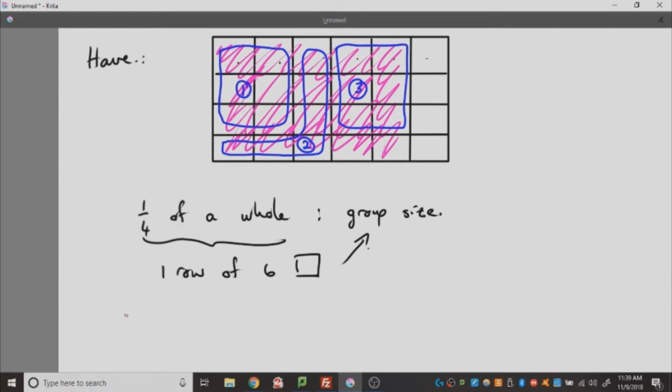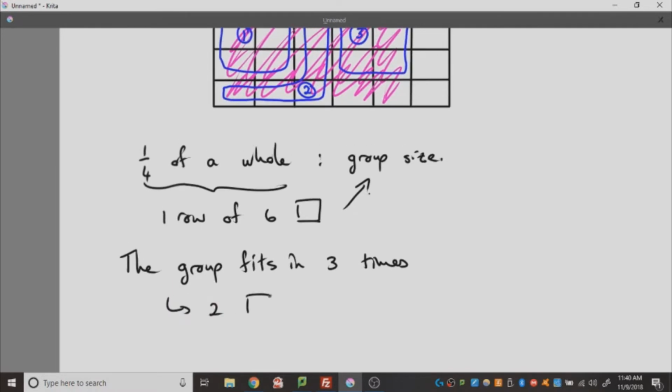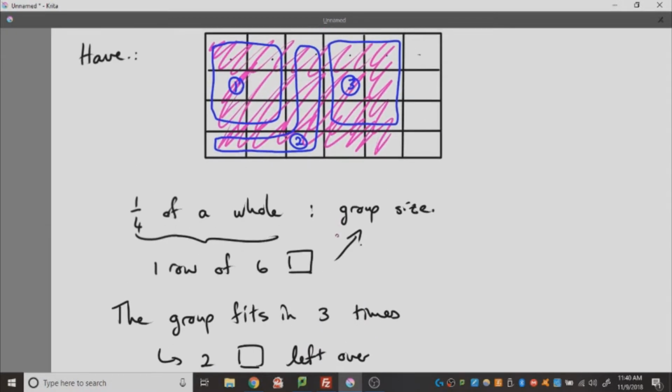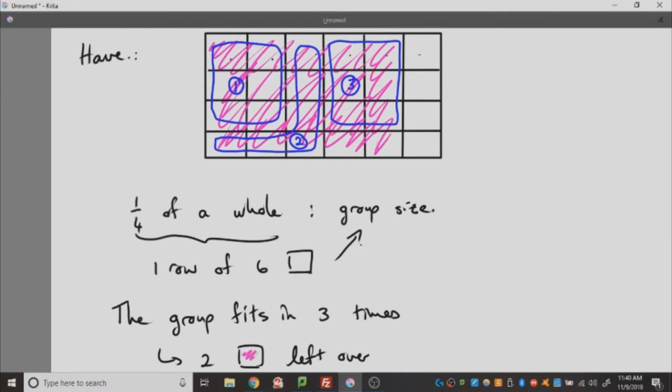So the group of 6 fits in to what we have 3 times. 3 whole times I can fit in that group with 2 little pieces left over. 2 of the pink pieces are not in a group, in a blue group, right?